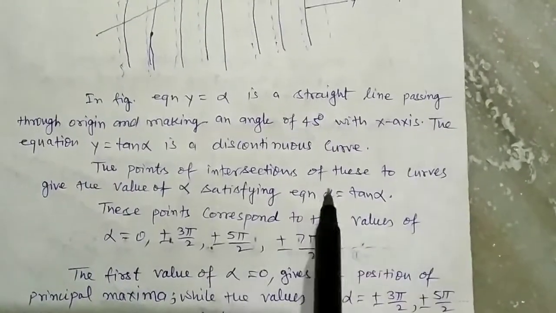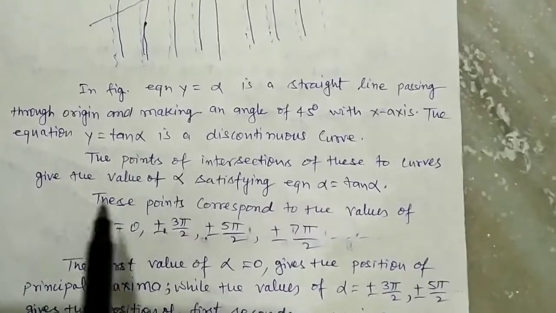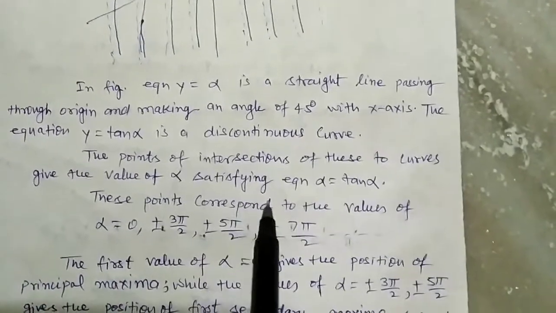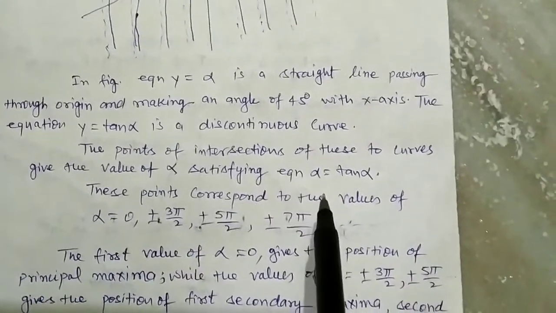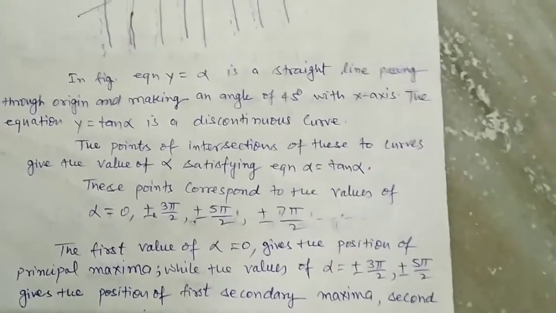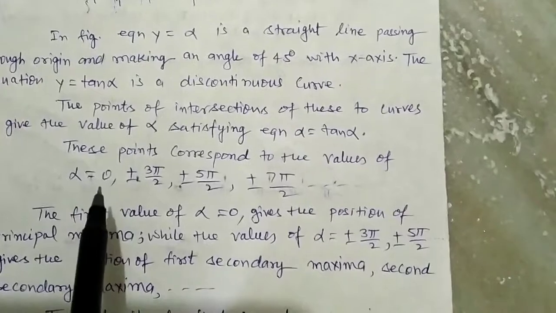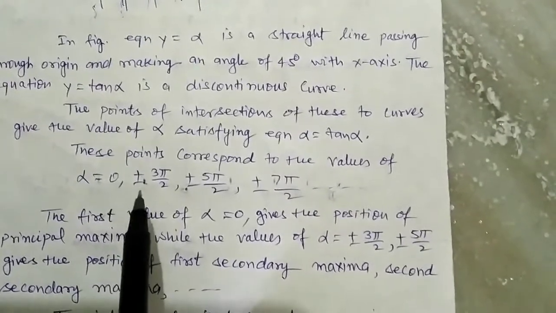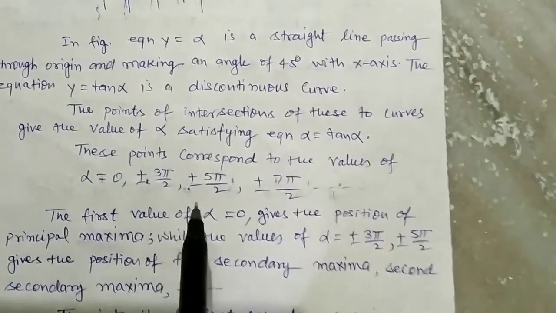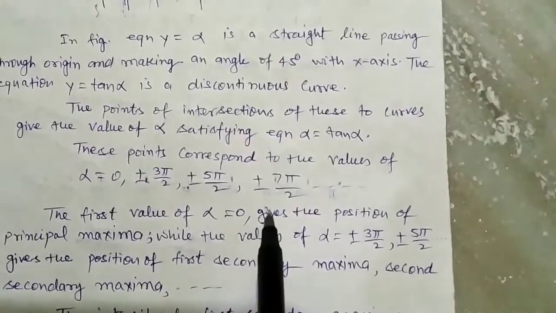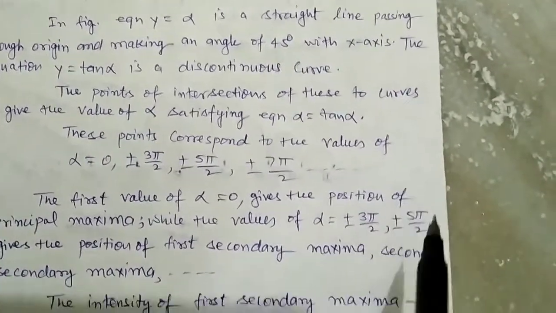The points of intersection of these two curves give the values of alpha satisfying equation alpha is equal to tan alpha. So the points of intersection are alpha is equal to 0, plus minus 3 pi by 2, plus minus 5 pi by 2, plus minus 7 pi by 2, and so on.